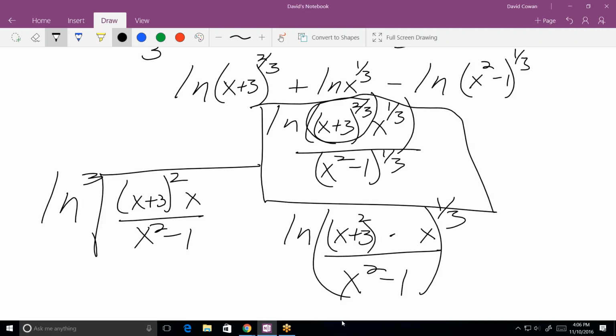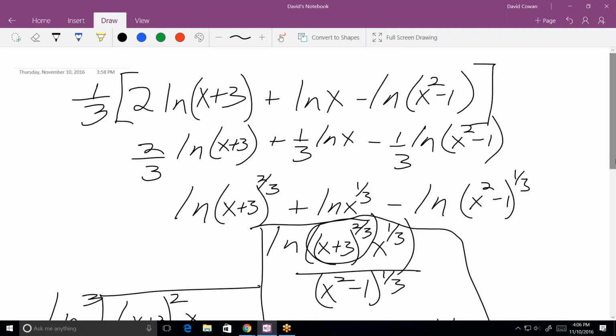Yeah, that makes sense, if you do everything you can do. Not sure why she left the 1/3 separated out. I don't know what the downside of distributing this 1/3 is immediately, and then applying it as an exponent. Okay. I think it's the same answer.